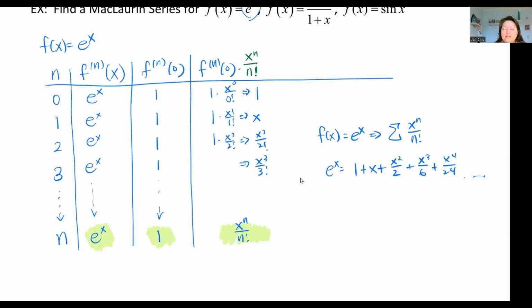If I only need that much accuracy, I can stop here. e cubed means 1 plus 3 plus 3 squared over 2 plus 3 cubed over 6 plus 3 to the fourth over 24, and so on. If I want more accuracy, I add more terms. So this is how your calculator actually crunches out the number for e cubed. So it's kind of cool.